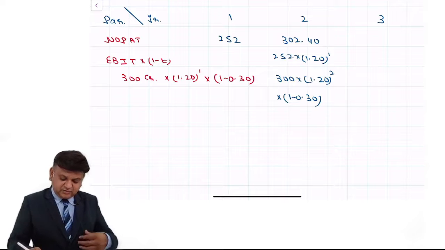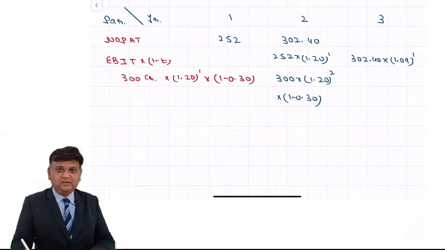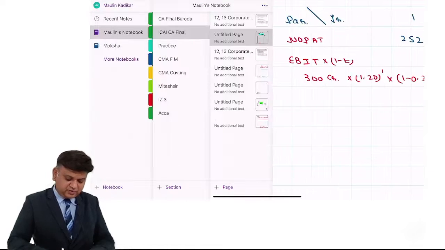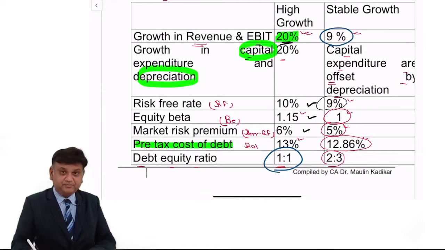For the third year it will again be 302.4 into 1.09 raised to 1. Why? Because the growth rate is provided to us as 9% afterwards.